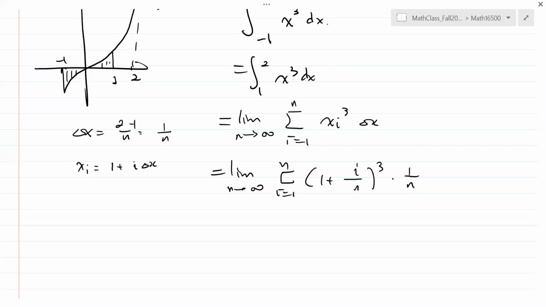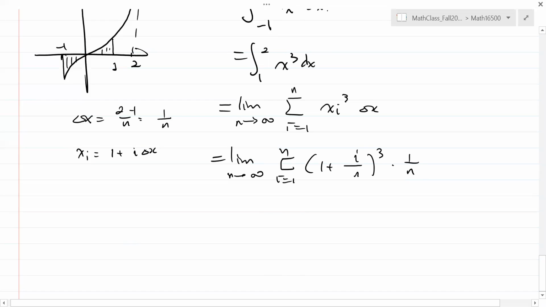So you have to expand it and multiply this out. I thought I could make the integral simpler, integral from 1 to 3, but it turns out to be more complicated.